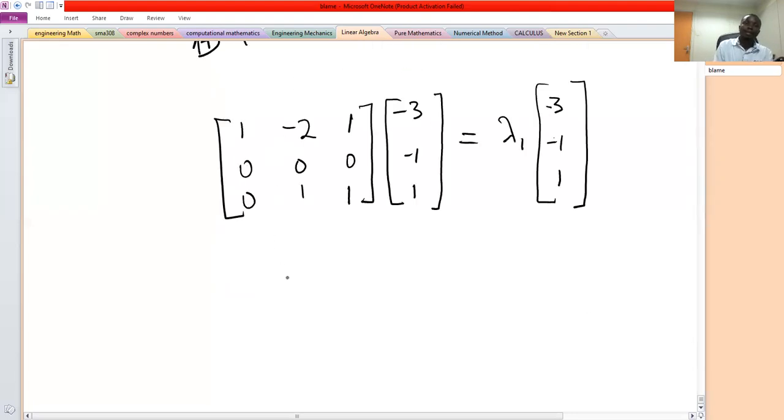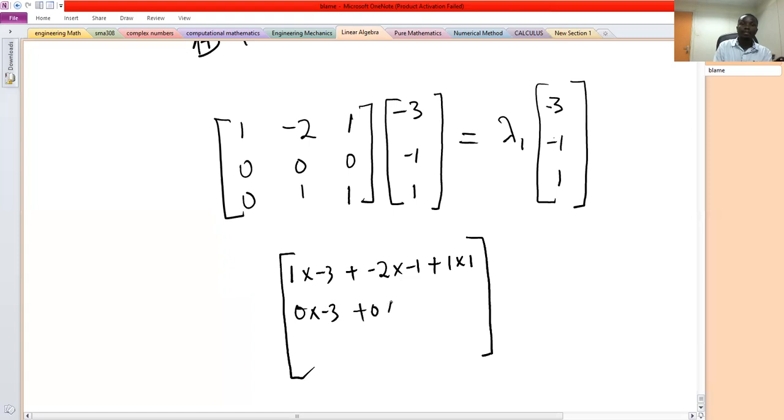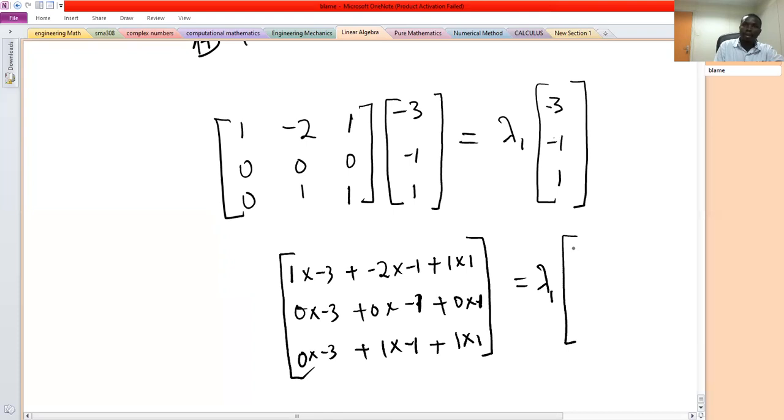So this will give us 1 times minus 3 plus minus 2 times minus 1 plus 1 times 1, 0 times minus 3 plus 0 times minus 1 plus 0 times positive 1. And then 0 times minus 3 plus 1 times minus 1 plus 1 times 1, equals lambda 1 times minus 3, minus 1, 1.